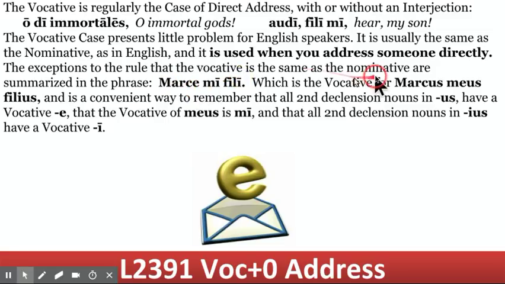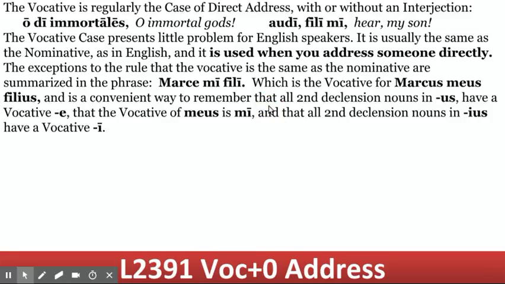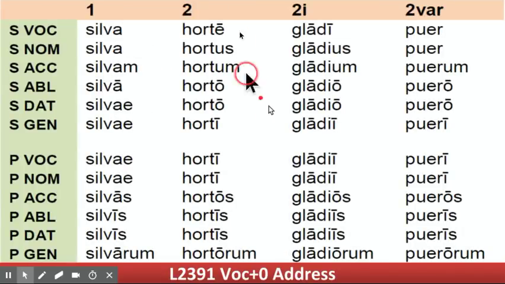Vocatives are the same as the nominatives except for second declension. So, Marce mi fili, oh, Marcus, my son. So that's a convenient way to remember it. Now, the vocative case will only deal with second declension and second I in the singular. Other than that, it looks just like the nominative.